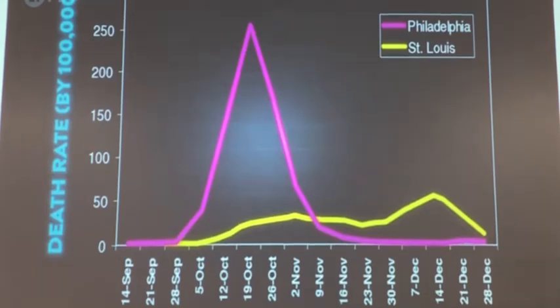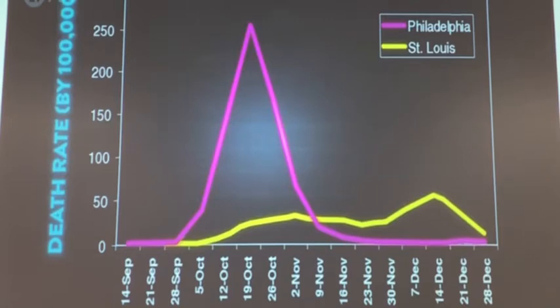As always, when you're analyzing data, make sure you take a look at the y-axis and what we're measuring, and we're comparing the y-axis versus the change in the x-axis here. So it looks like we have the death rate per 100,000 occurring over the course of several weeks.